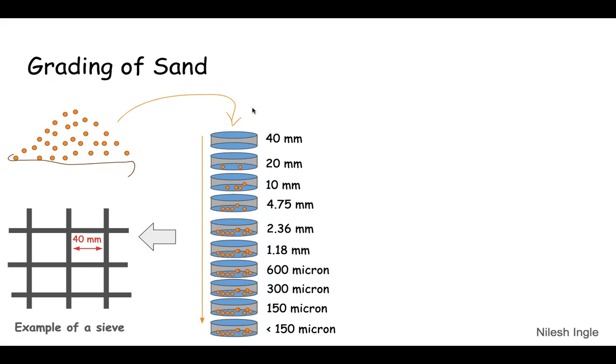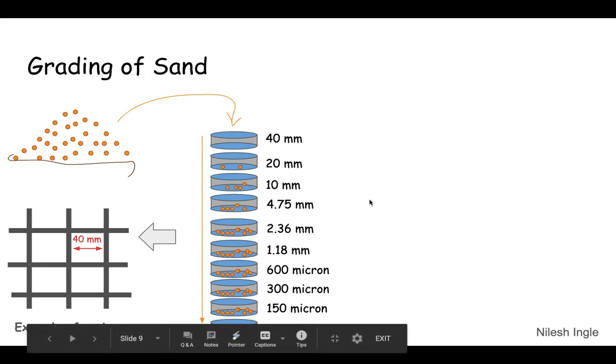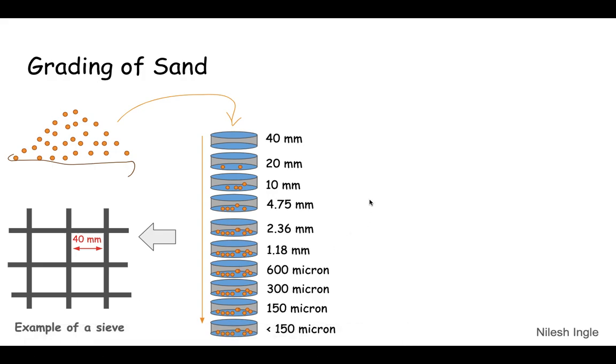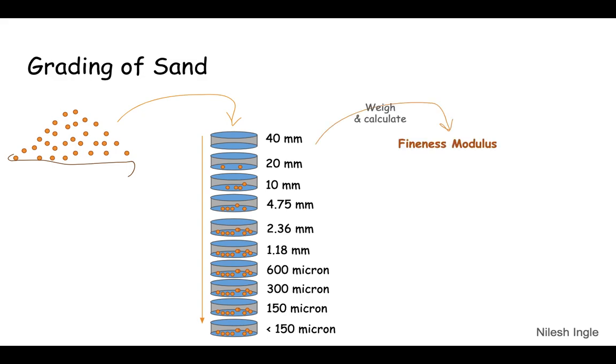So if we put a certain amount of sand in the topmost sieve, which says 40 mm, and sift through these, then we get graded particle size of each grain of sand in those sieves. Then if we weigh how much sand is there in each of those sieves and do some mathematics, we can calculate the fineness modulus.